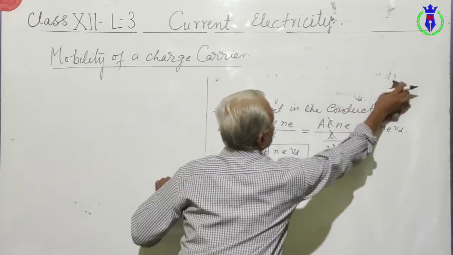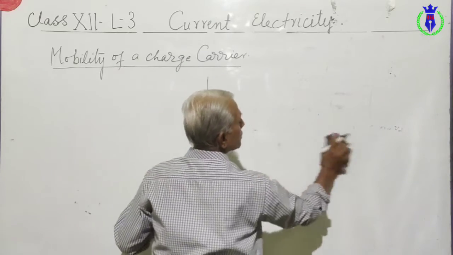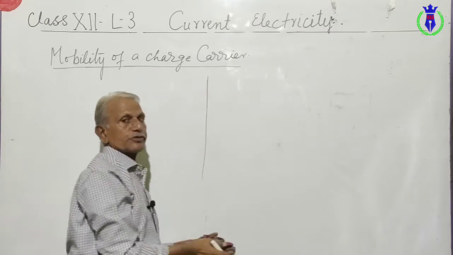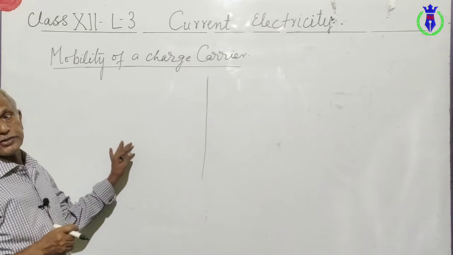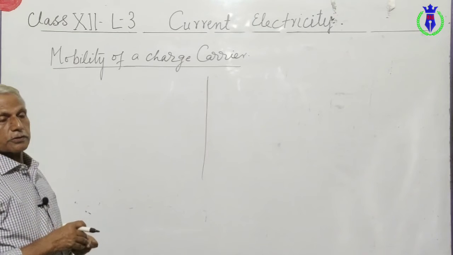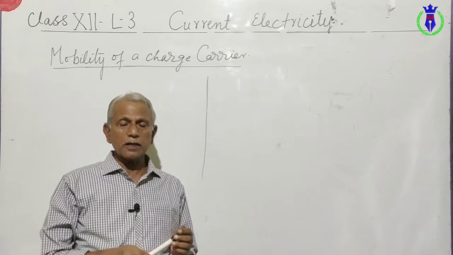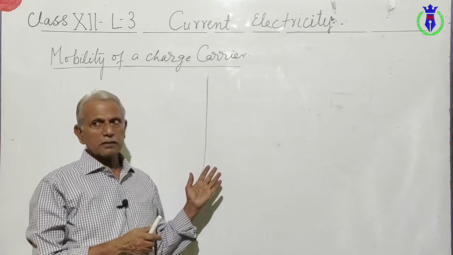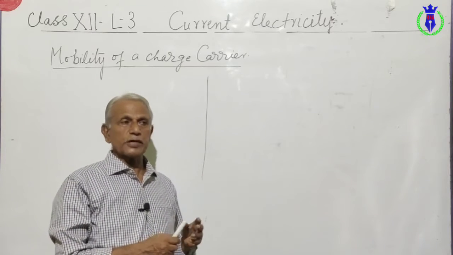Charge carriers, in the case of current, are the particles, ions or electrons, which are responsible to carry the charge. They are called charge carriers. For example, in the case of a solid conductor, the charge carriers are electrons only. The free electrons are responsible for the flow of charge.